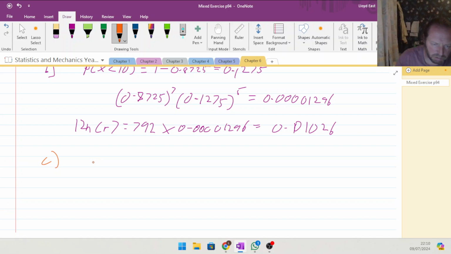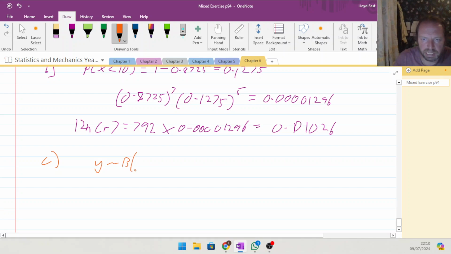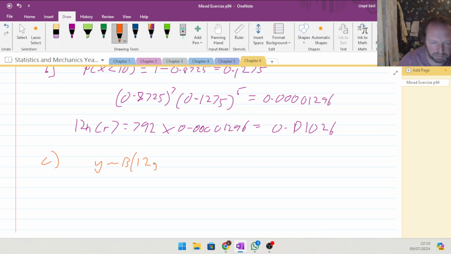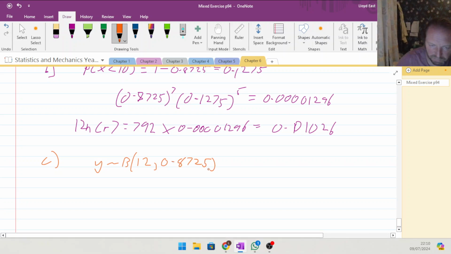Okay, so if we have a new binomial where she is taking 12 attempts to hit it, because she's using 12 sets of arrows, and the odds of her getting this 50% in each of these 12 sets is back here on the 0.8725.